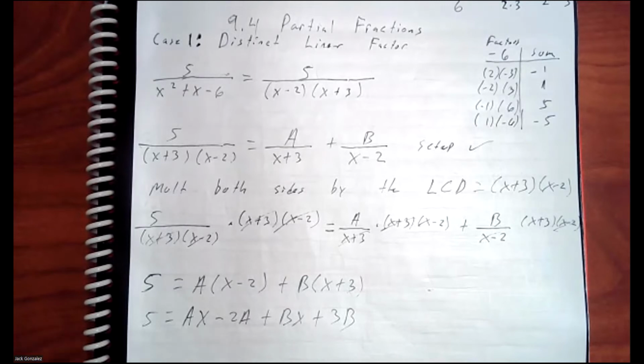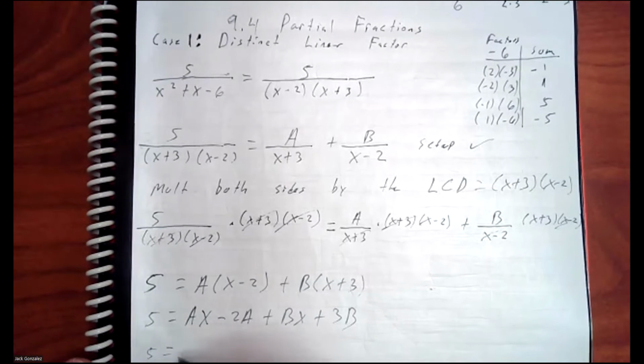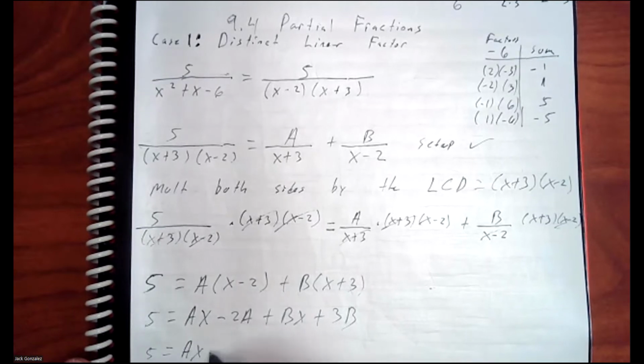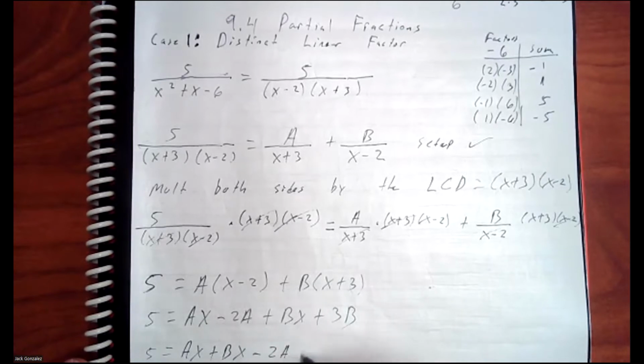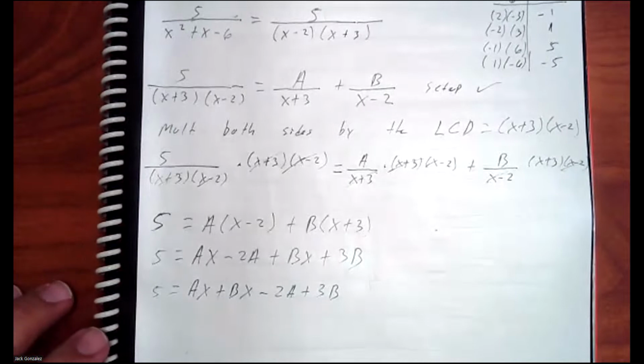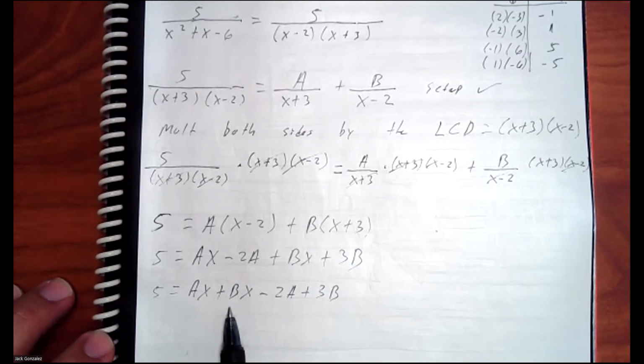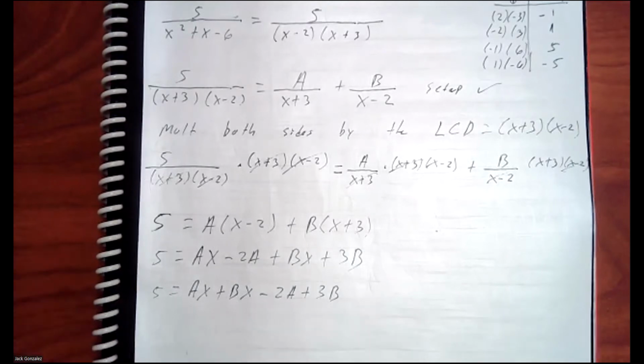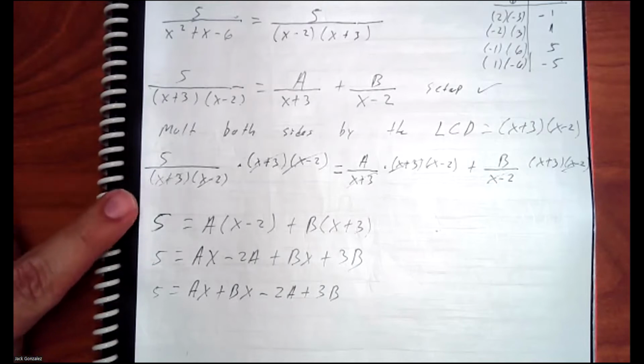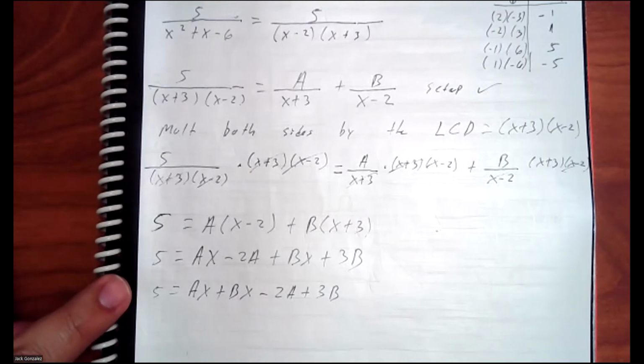So now I get everything that has an X together. Everything that has an A, or sorry, these are like your constant terms. These are your linear X terms. So I put those together. Okay. So all I did, I multiplied and then I gathered them together.